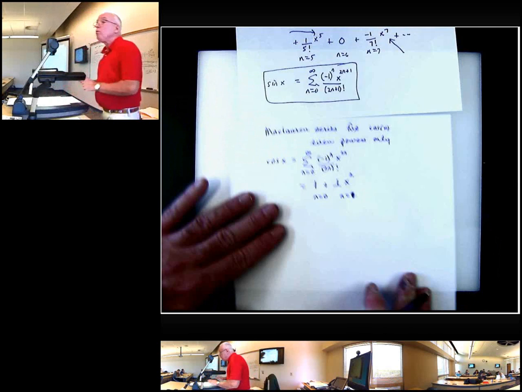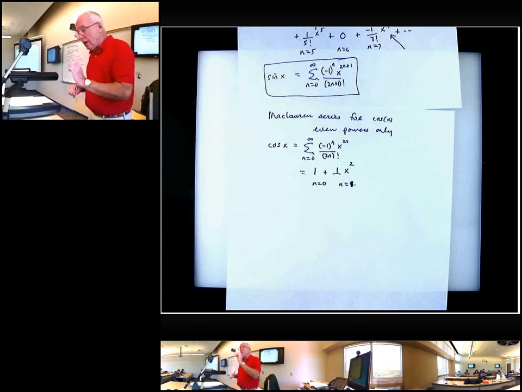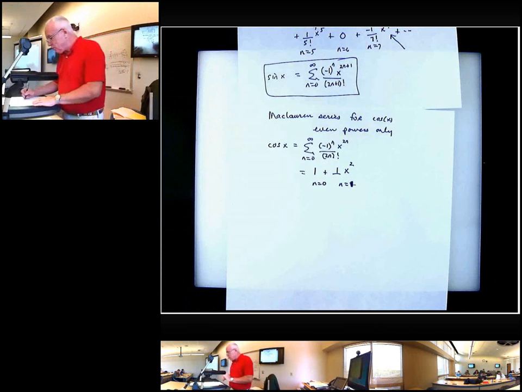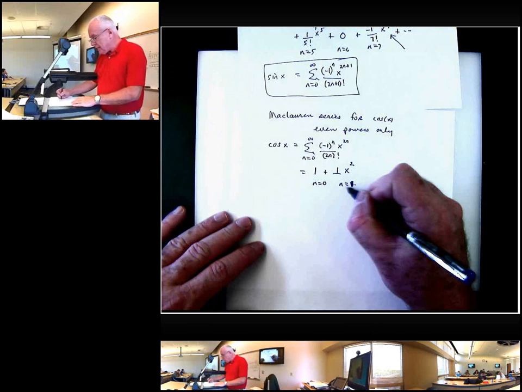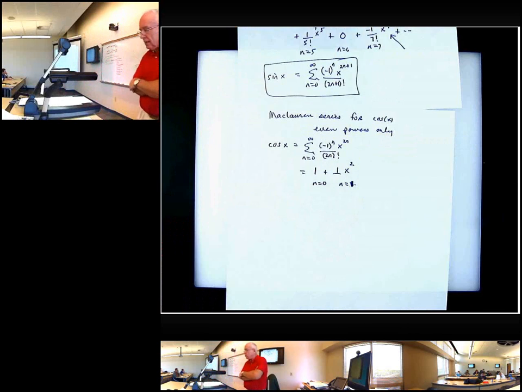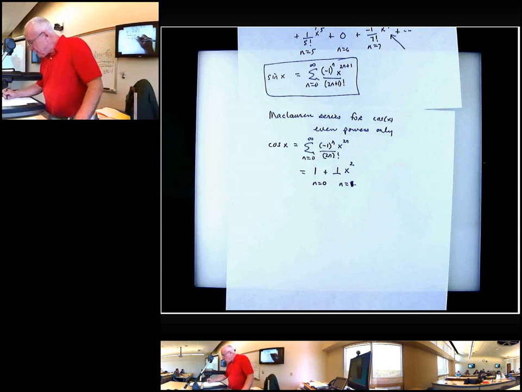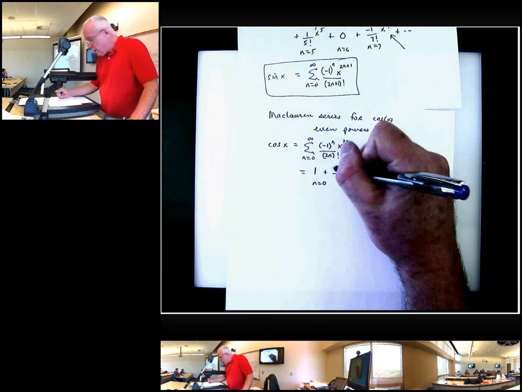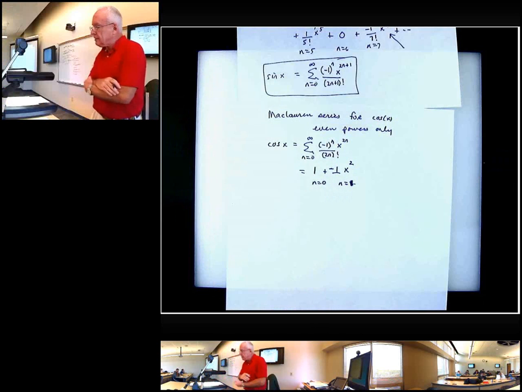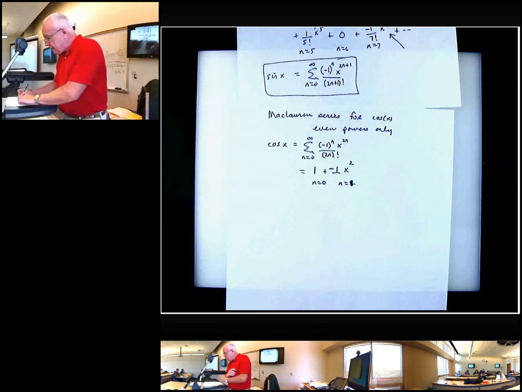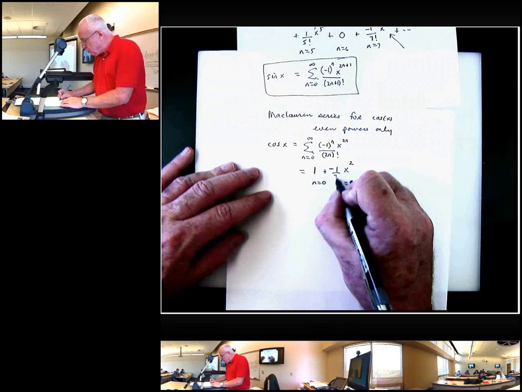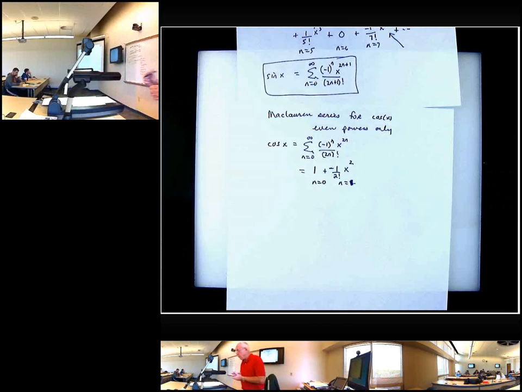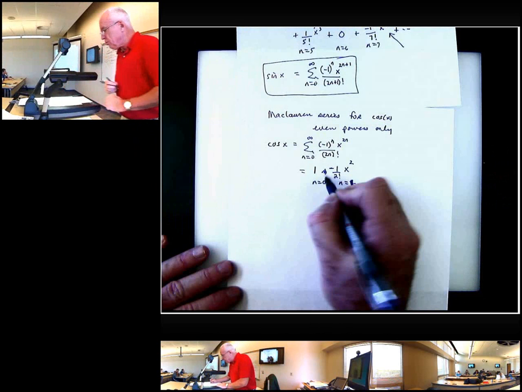Let me rephrase that. When n equals 1, we get x to the 2 times 1, or x squared. We get minus 1 here, sorry about that, instead of plus 1. And then it's 2 times 1 factorial, which is 2 factorial.